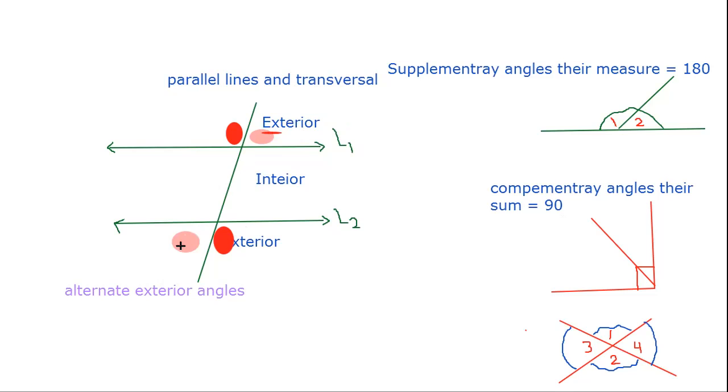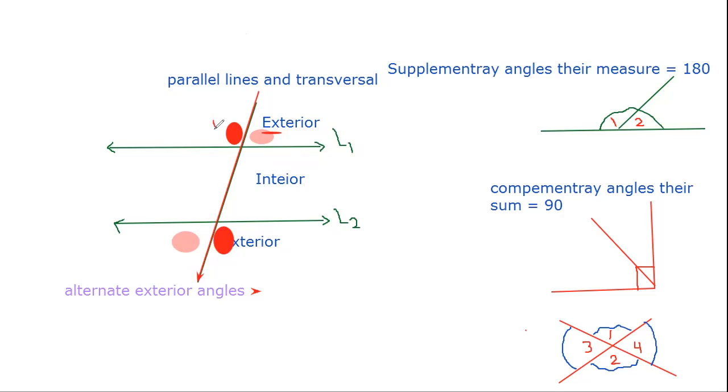So those two together, you can say that those two are alternate exterior. Why? Because we have one to the left, one to the right in the exterior region. If I want to describe where the transversal is, this is the transversal, and we can note that we have one angle on the right hand, one angle on the left hand. So those are called alternate exterior angles.